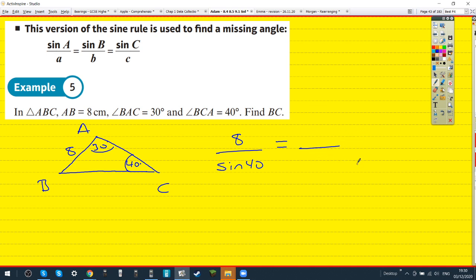What is sine B? Wait, so would it be sine 40 over 8? Same thing. We already did 8 over sine 40, so we'll leave it like that. Okay. It doesn't matter which one you put on top, which one on bottom, so long as they're consistent.